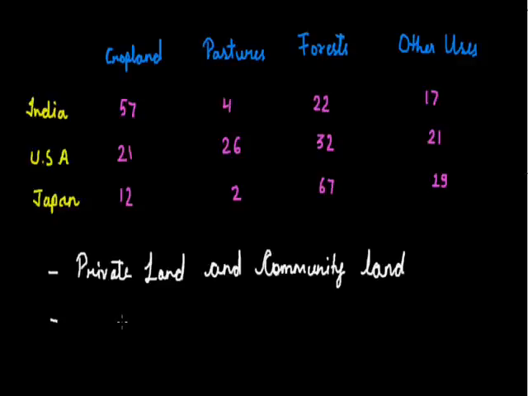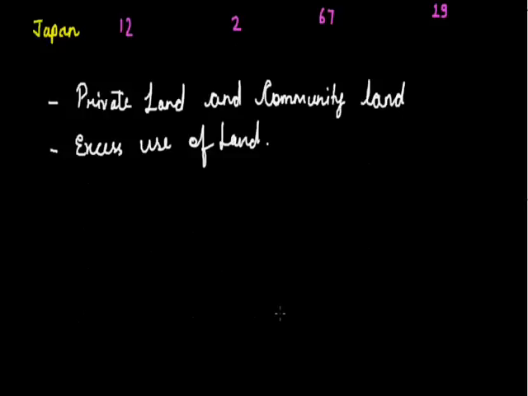And today the vast changes in the land use pattern also reflect the cultural changes in our society. With the excess use of land, we have found a lot of adverse effects on land also. Now, what are the adverse effects that the land is facing because of the excess use?